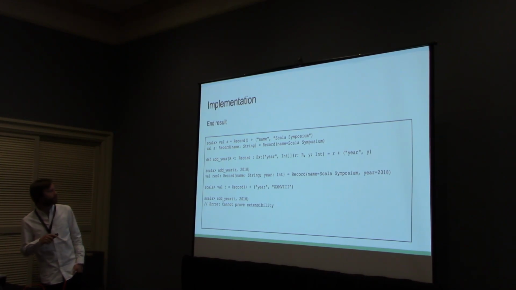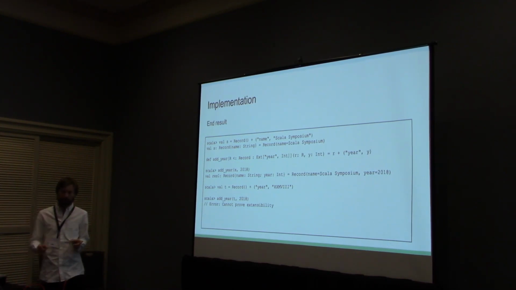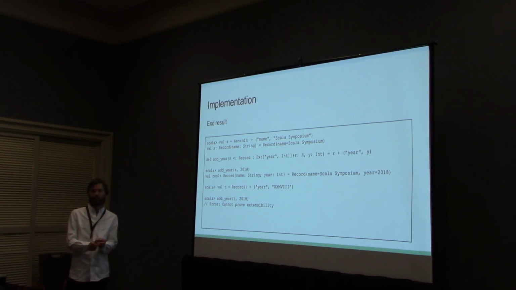Maybe I don't know if you can show that in this example, but it would definitely be allowed, since the only thing we require is that the new value have a subtype. So you can add a new value as long as it has the same type. That is perfectly fine.